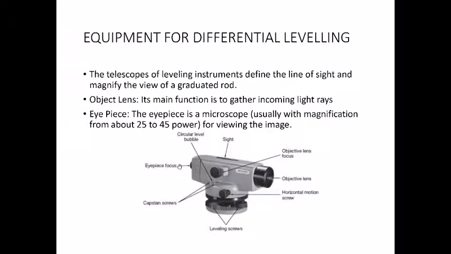So you view from this side, and this whole thing is called a telescope. The objective of this objective lens is to gather light, and from the eyepiece you can view an enlarged view of your leveling staff. The magnifying power of the eyepiece is about 25 to 45x. It depends on the model of the instrument that you're using.